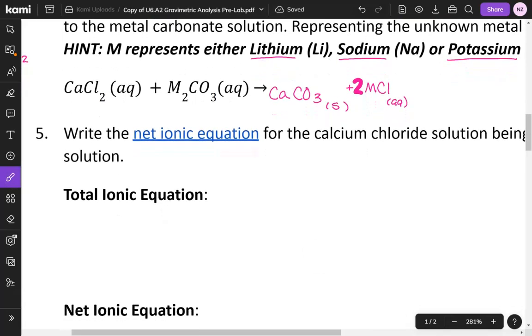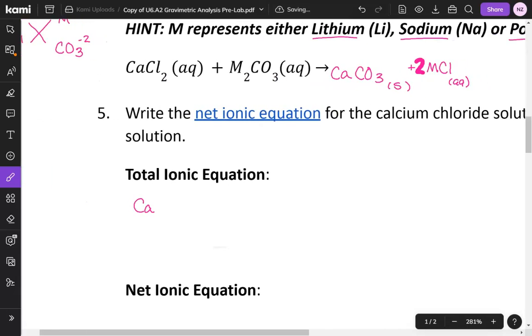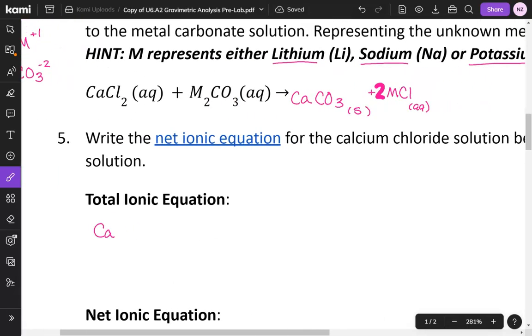Next, we're going to do our net ionic equation. And if you recall, when we write our ionic equation, we start by writing our total ionic equation. Anything that's aqueous, we split up into its ions. So I'm going to do that first. So calcium is going to be a +2 charge. Oof. Gotta get more coffee. That's aqueous. I have 2 chlorines. That 2 comes out in front.